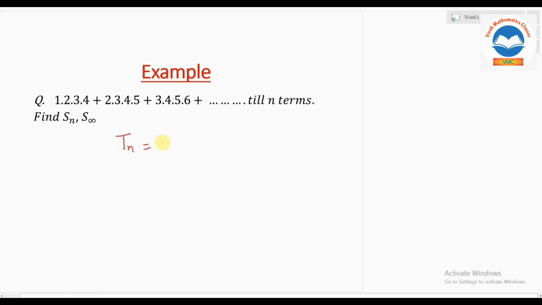So nth term will be starting from n into n plus 1 into n plus 2 into n plus 3. 4 consecutive terms. Okay, so we got Tn. Now what you have to do? In this Tn, you have to multiply and divide by next to last term minus before the first term.